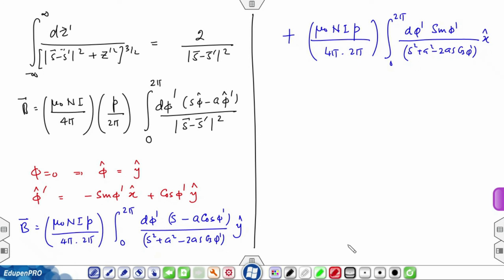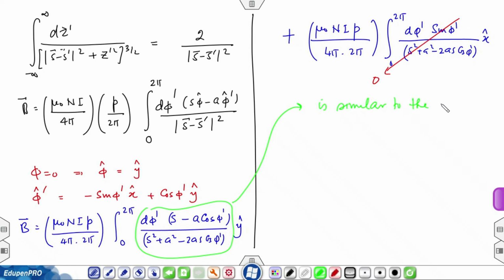You can easily show that this integral is 0. And the other integral, this one, is similar to the earlier integral, with a and s interchanged.